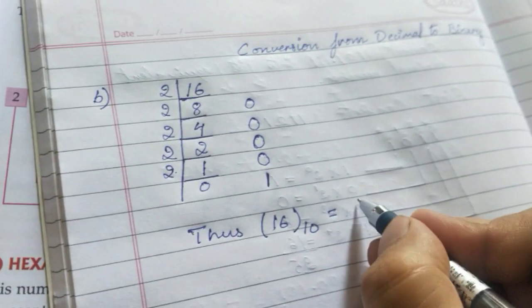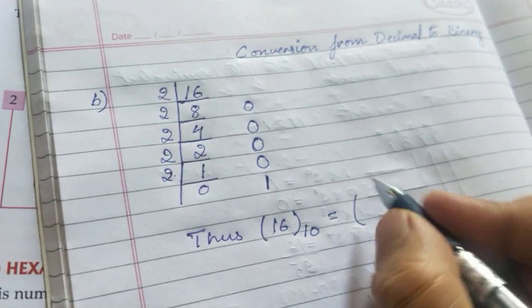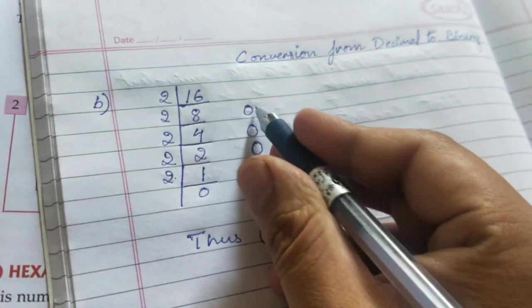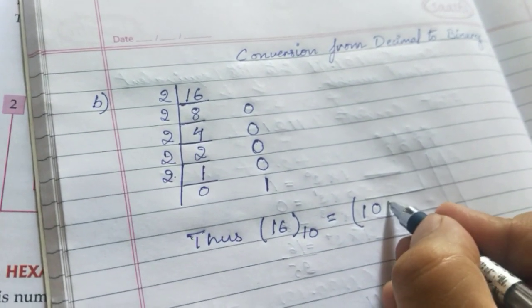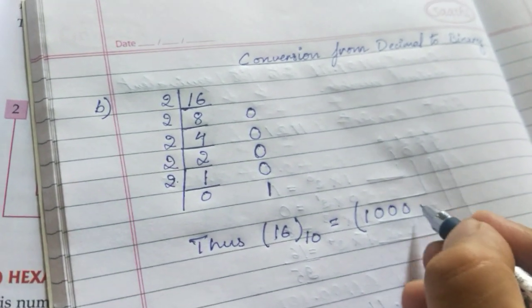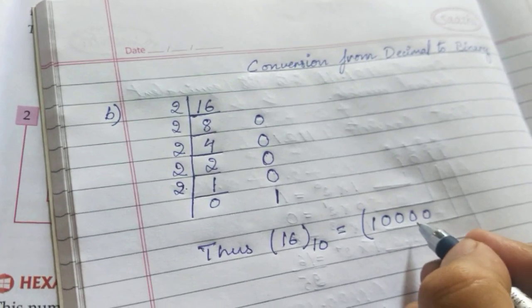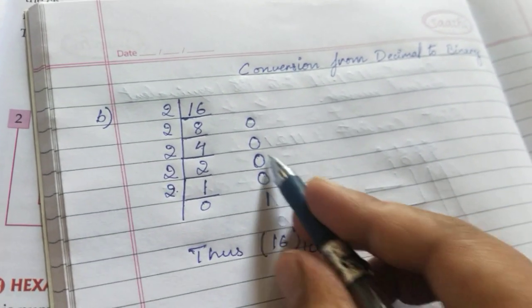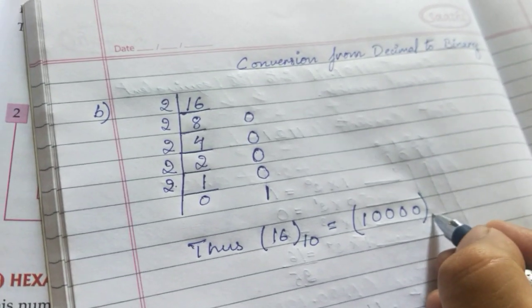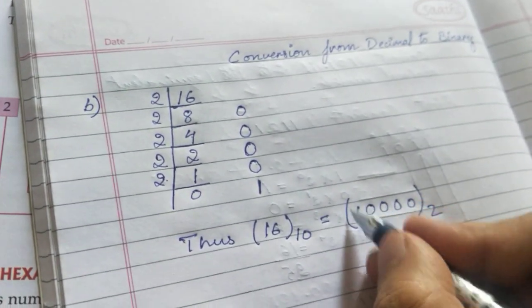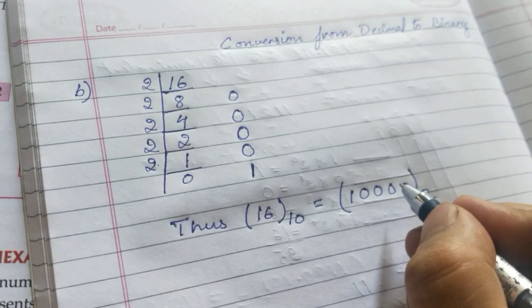Open a bracket and start writing the numbers from bottom to top: 1 0 0 0 0. There are 4 zeros. Close the bracket and write base 2, because this is a binary number.